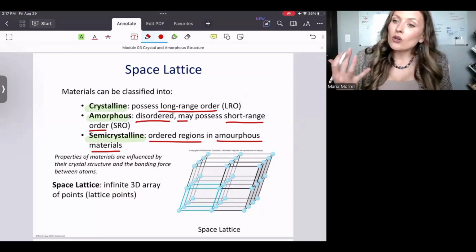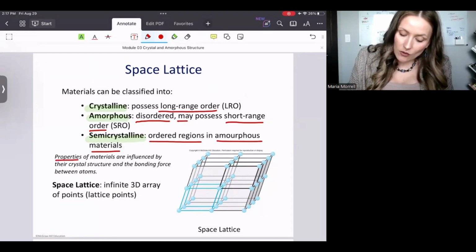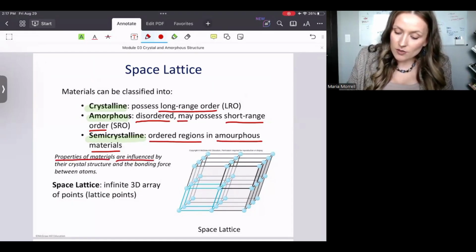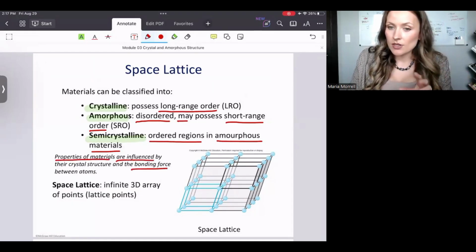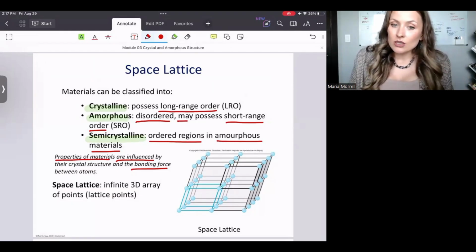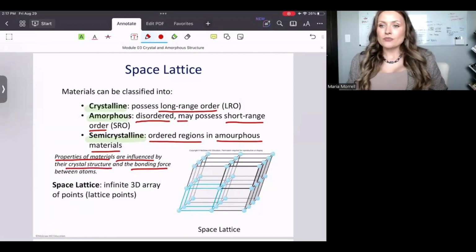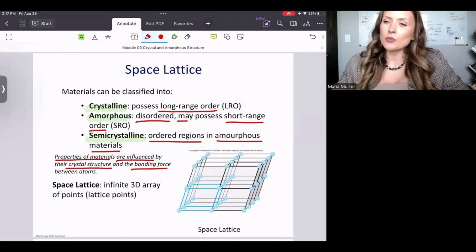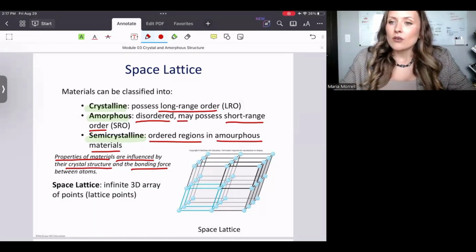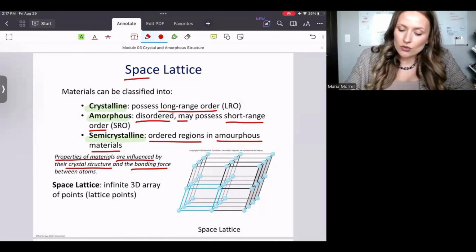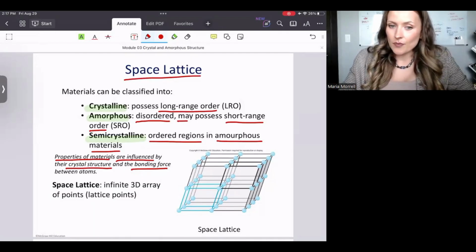Now, something that we've already known before is that the properties of materials are influenced by the bonding force between the atoms. And what is new for us today is that the properties of materials are also influenced by the crystal structure. Typically, if we ought to represent the crystal structure, we usually refer to a space lattice.